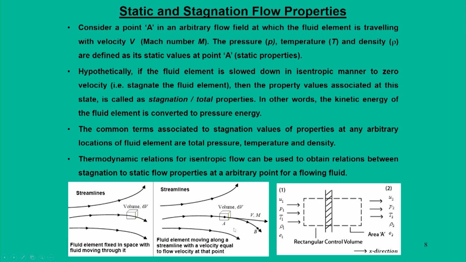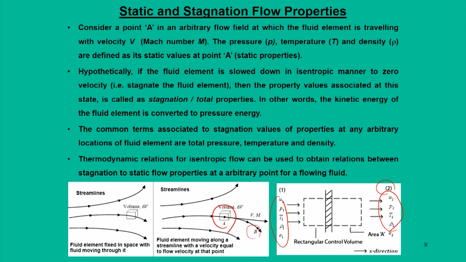In an isentropic flow field, entropy remains constant. At any point A, the property values can be assigned as velocity, pressure, temperature, density, internal energy. When this element changes its state to B, the property values are again going to change.